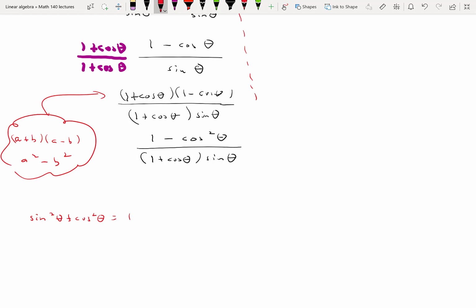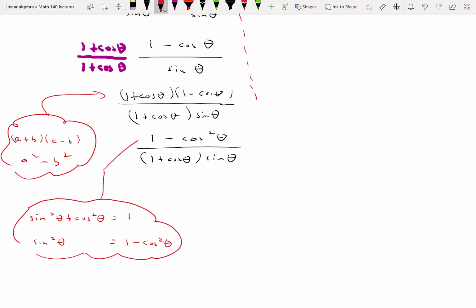So I'm going to subtract cosine squared theta from both sides of that, and I get sine squared theta equals 1 minus cosine squared theta. There it is. I'm going to replace 1 minus cosine squared theta with sine squared theta, over 1 plus cosine theta times sine theta.